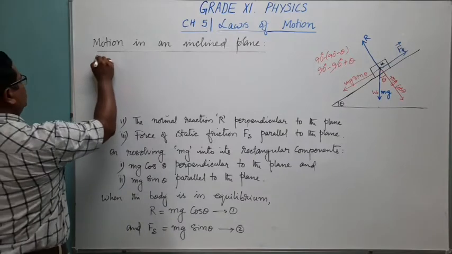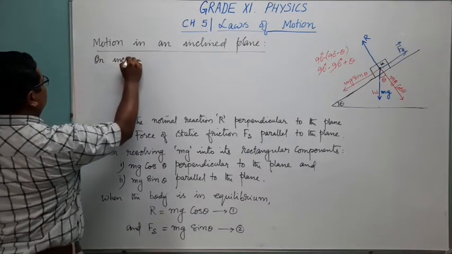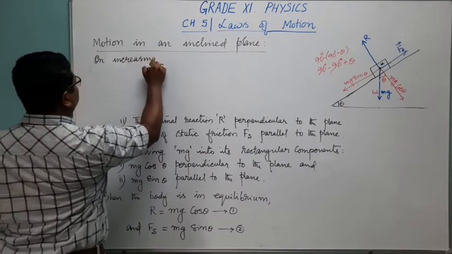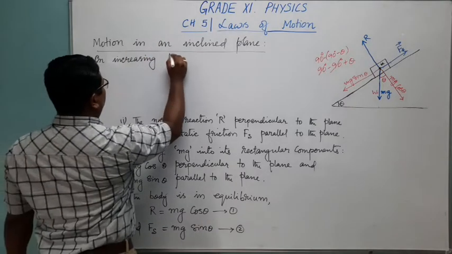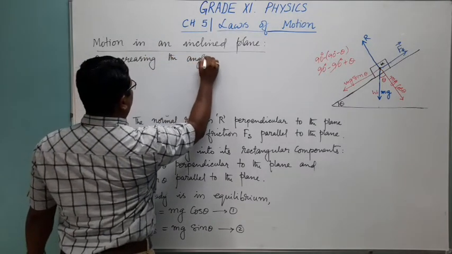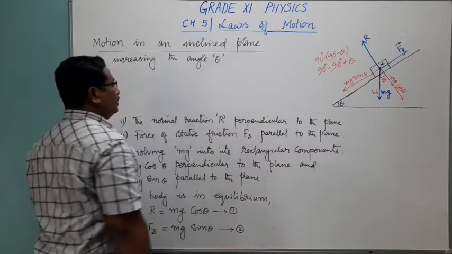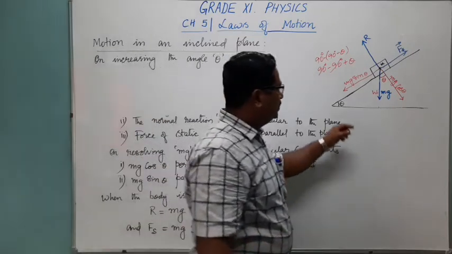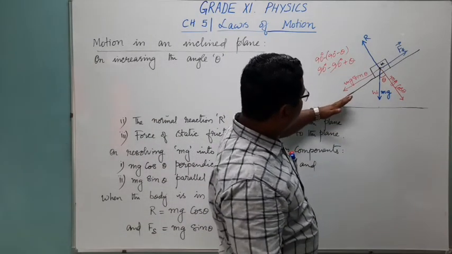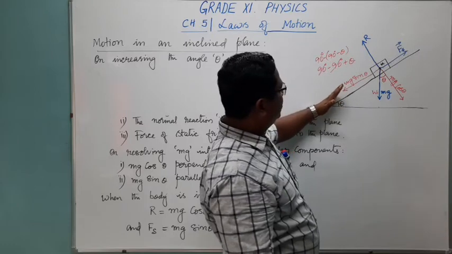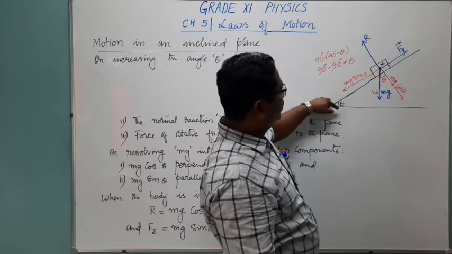On increasing the angle theta, this component, if you increase this angle theta, how will you increase it? This inclination will move a little bit like this, then this angle will become more and more.